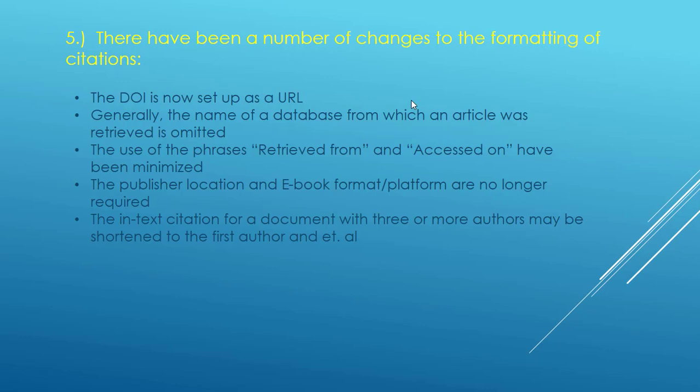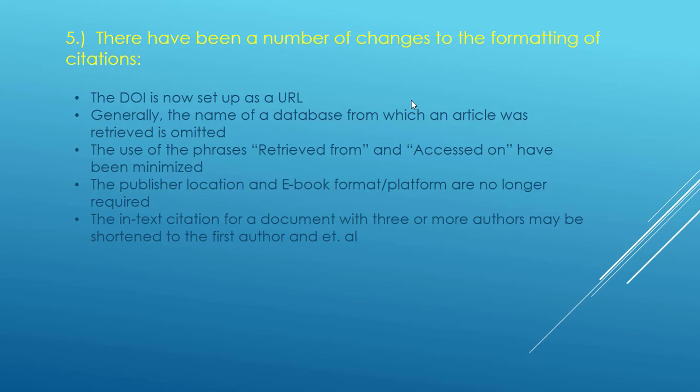Secondly, and again, this is something that instructors and publishers still have some say on, meaning you can still require it if you prefer it, but the name of a database in the citation when you use an article is now omitted. It's okay to leave that database out in most cases.